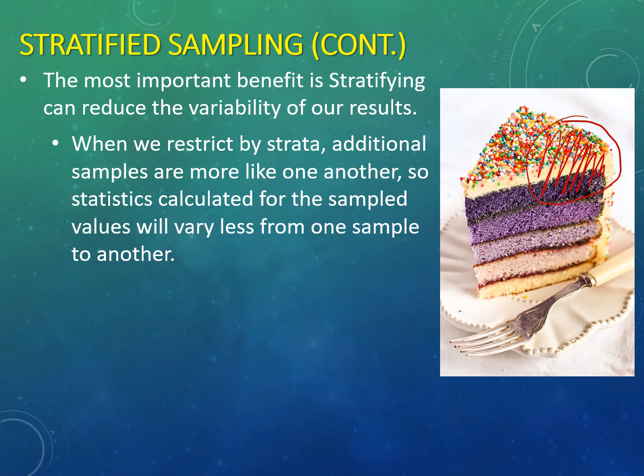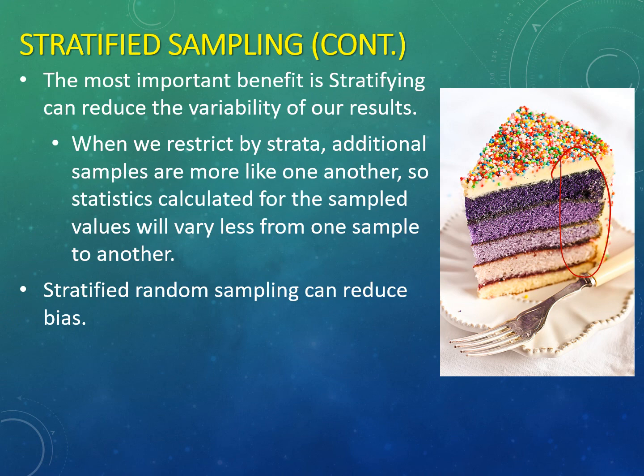They're only getting that little piece. Now that means that's going to be completely different than your cousin who just scrapes the bottom of the pan all the time and gets that very bottom layer that's nice and moist and tasty. Those are completely different groups. By stratifying, by insisting that we get a slice of everything, you're going to reduce that variability.